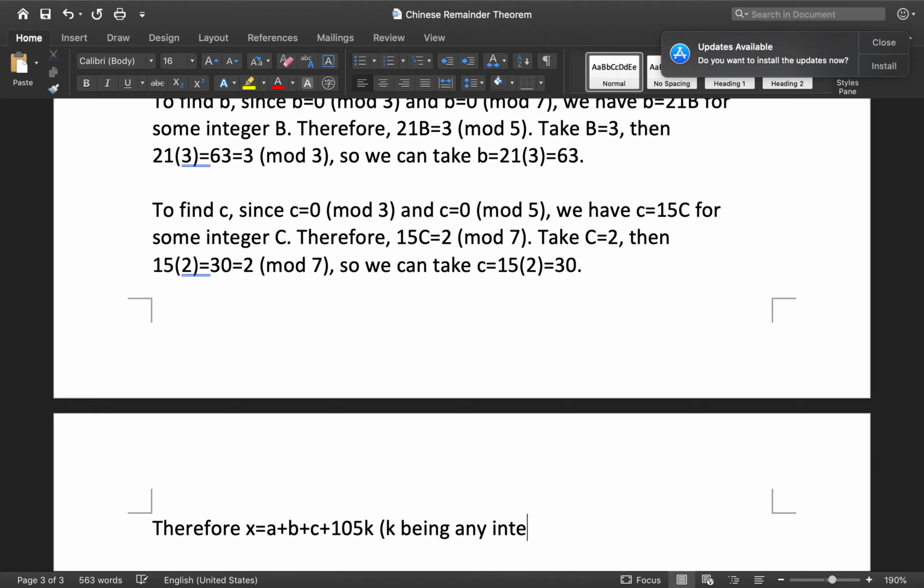And here you add up the three numbers, and the three numbers will give you 128, which is this. So you solve the problem.